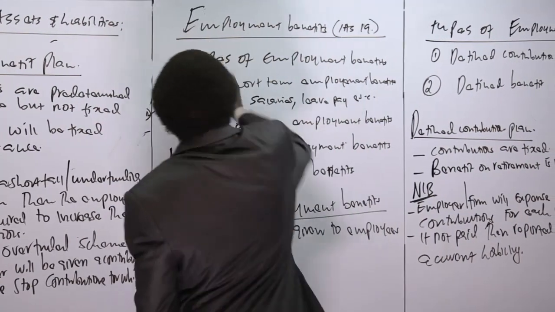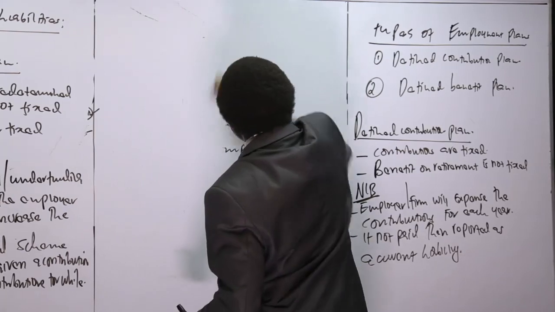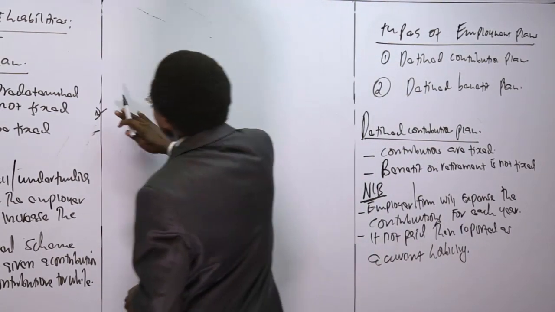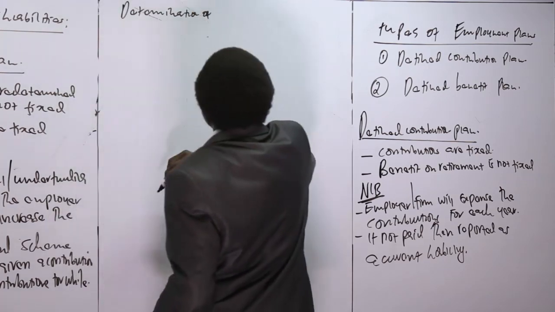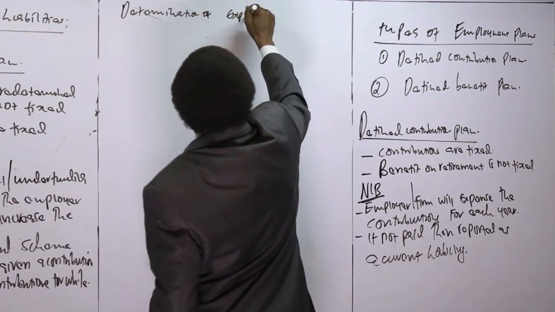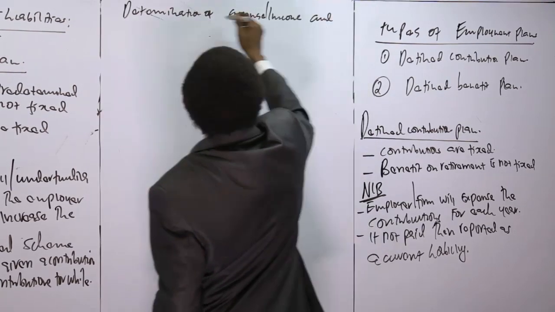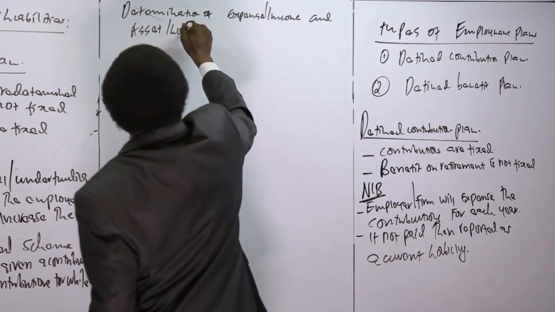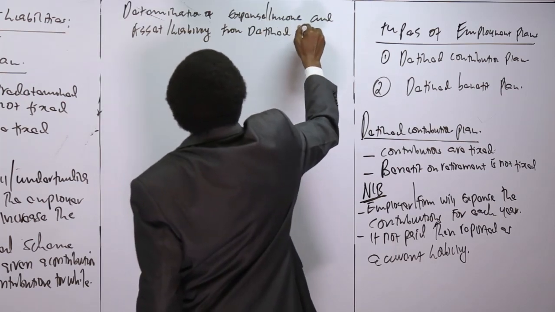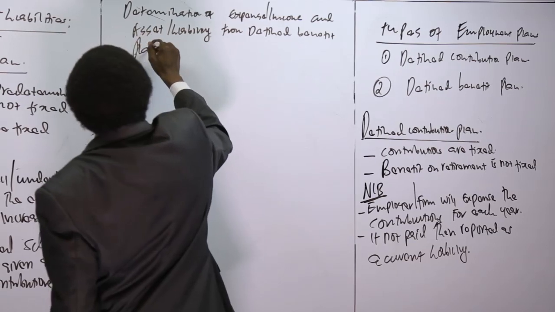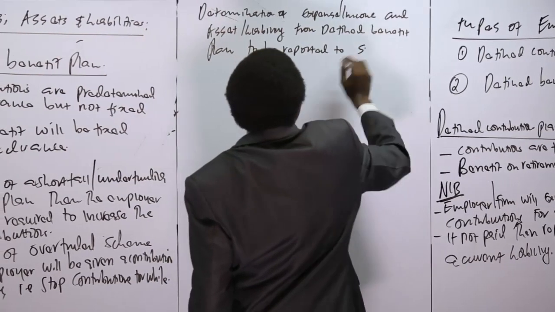In the defined benefit plan, something very important that we'll want to look at is the accounting, let me say the determination of expense or income, and assets or liability from a defined benefit plan to be reported to the financial statements.